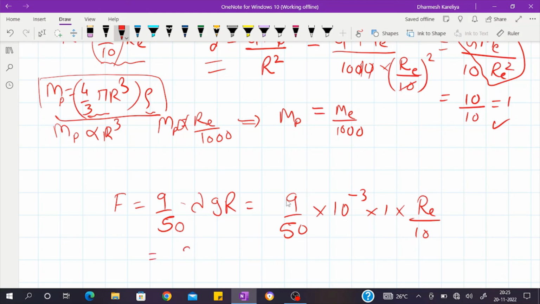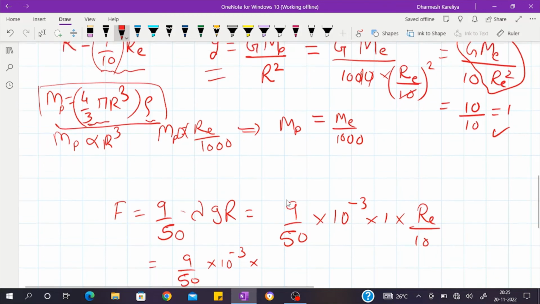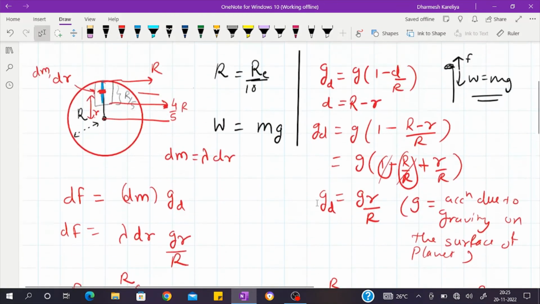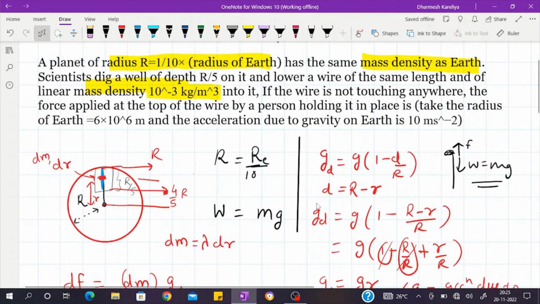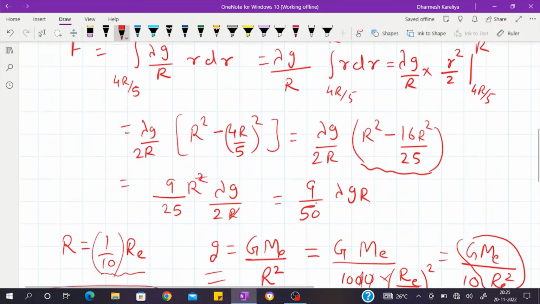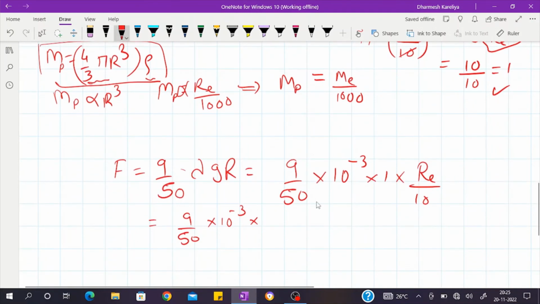So now what we have is 9 by 50 into 10 raised to minus 3. The radius of Earth they have given. Let us check the data. You have to use their data, and it is 6 into 10 raised to 6. So put that value here, 6 into 10 raised to 6 divided by 10. 9 sixes are 54 upon 500, and what you have is 10 raised to 3.